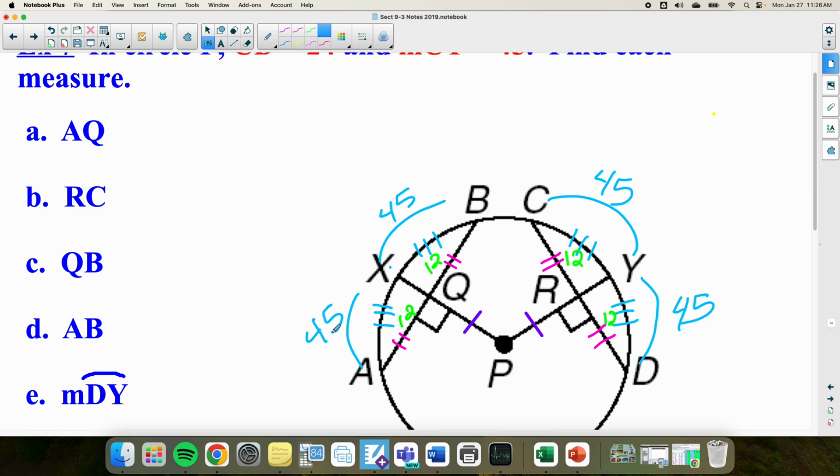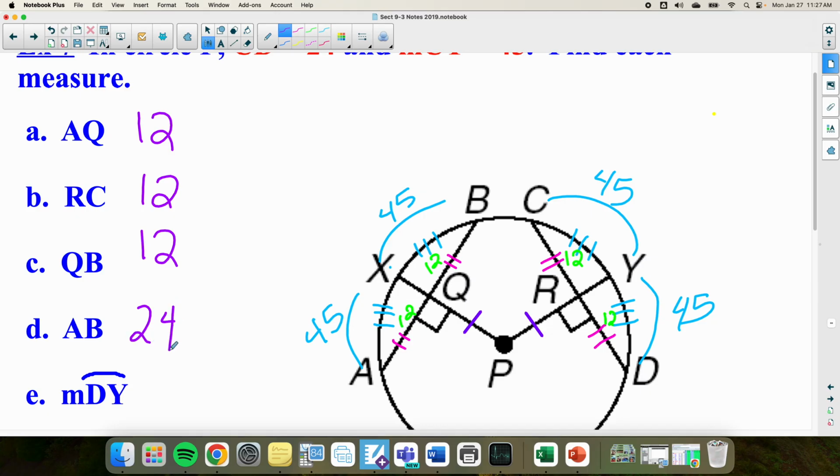So now if I go to put these in, AQ is this little piece, which is 12. RC is this piece, which is 12. QB is this little piece, which is 12. AB is the whole thing, which is 12 plus 12.